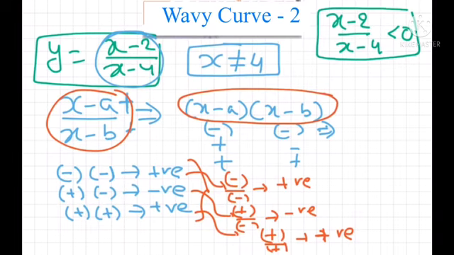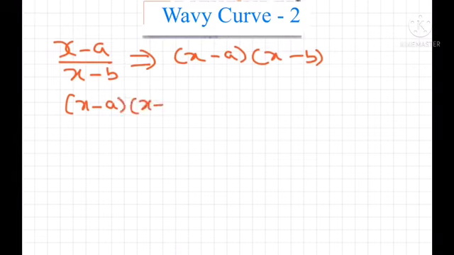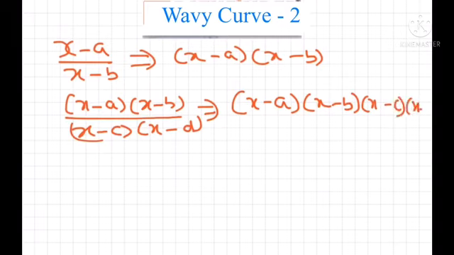Let's see in detail. As per this, the sign scheme of (x minus a) by (x minus b) is the same as (x minus a) into (x minus b). The sign scheme of (x minus a)(x minus b) by (x minus c)(x minus d) is the same as the sign scheme of (x minus a)(x minus b)(x minus c)(x minus d).